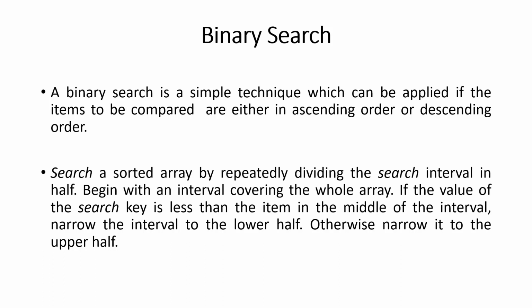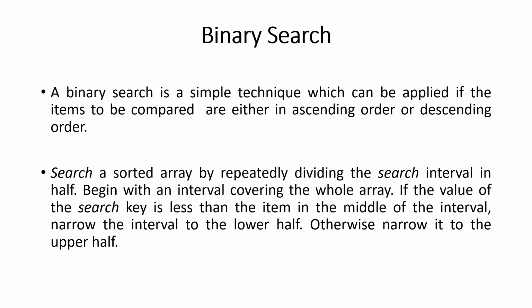Instead, we open the book in the middle and the name is compared with the element in the middle of the book. If the name is found, the corresponding telephone number is retrieved and the searching stops.